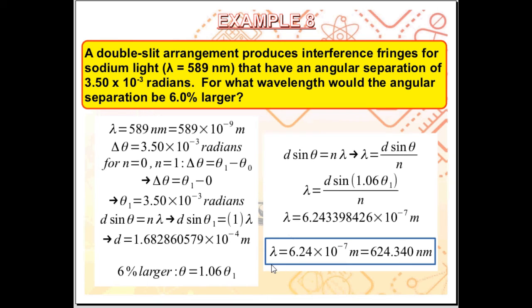The second light now will have a wavelength of 6.24 times 10 to the negative 7 meters. So if we use this wavelength, the angular separation will be 6% larger.